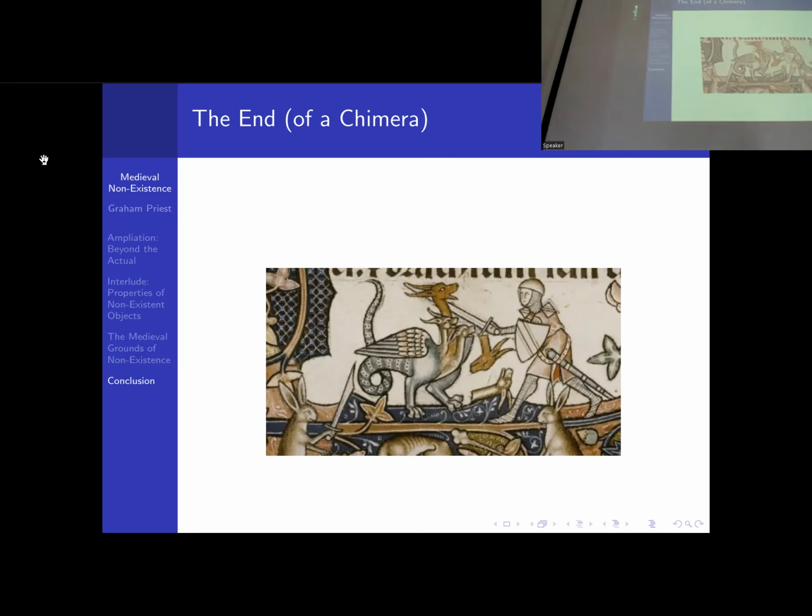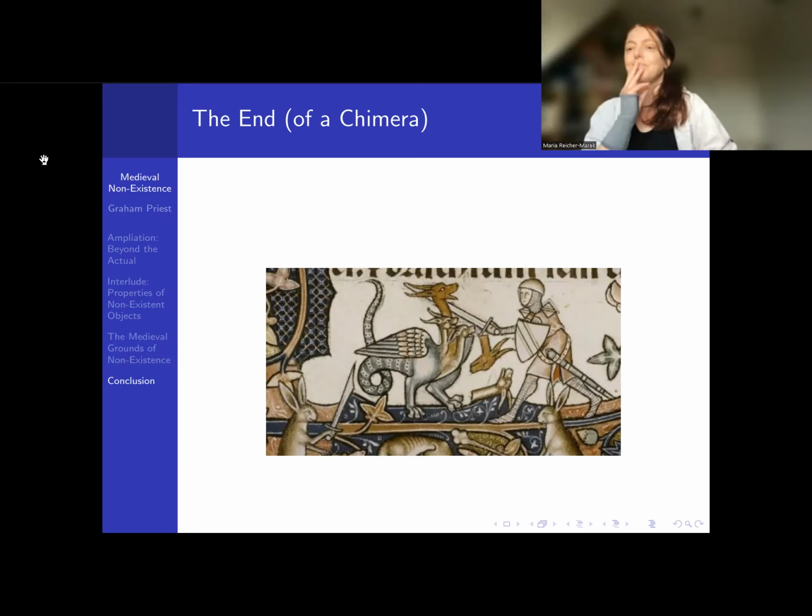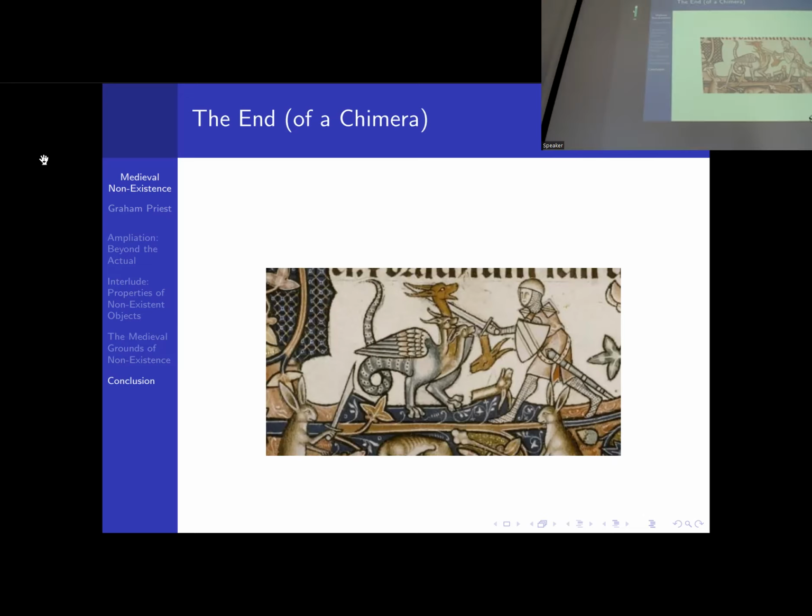And if you think of the analog of that as non-actual worlds, then that's the analogy I had in mind. In a sense, this is hypothetical, because I don't think, as far as I know, the medievals did this. It is nothing more than a natural extrapolation of the view.